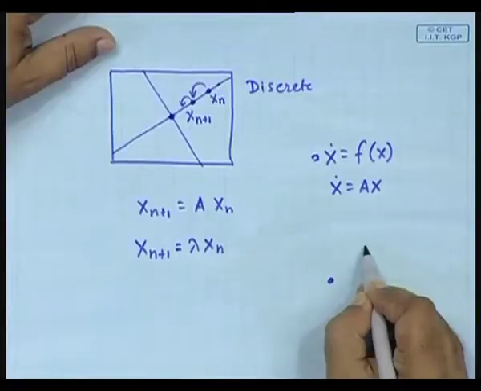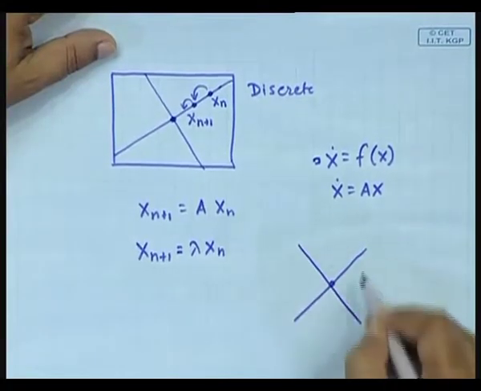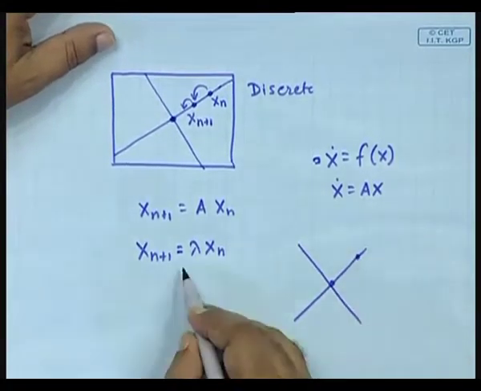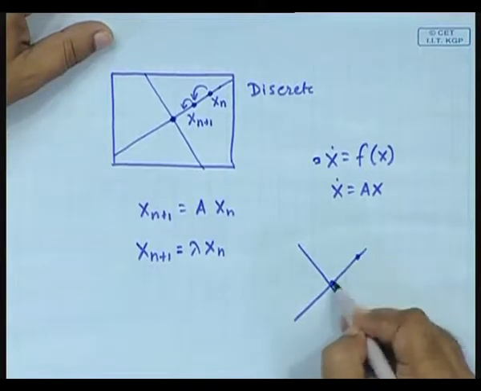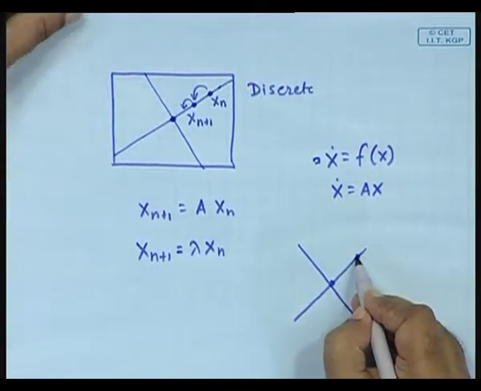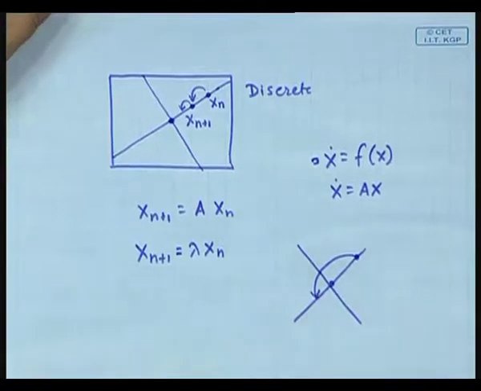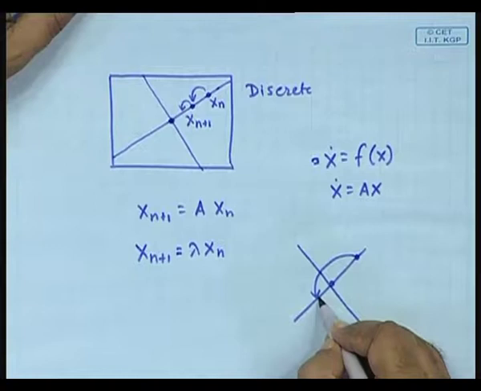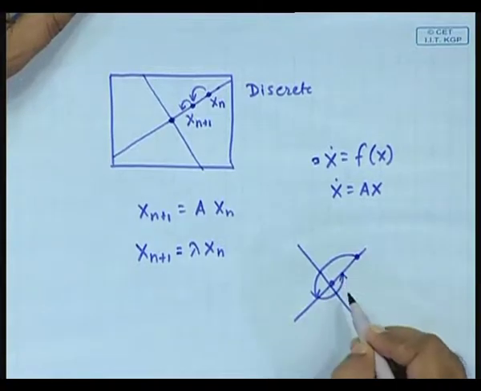Yeah, it goes to the other side. Say if this is a fixed point and here is the initial condition and the eigenvalue is negative, what happens? This initial vector multiplied by a negative number will come somewhere here. In the next iteration it will come somewhere there, and so on and so forth.